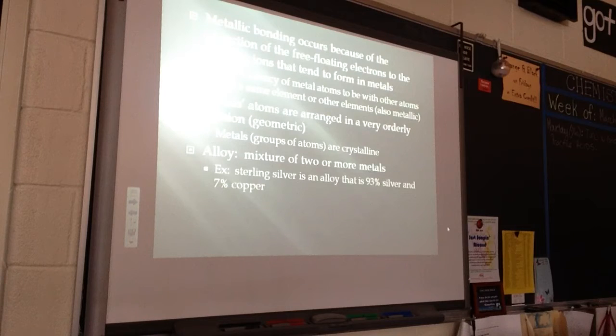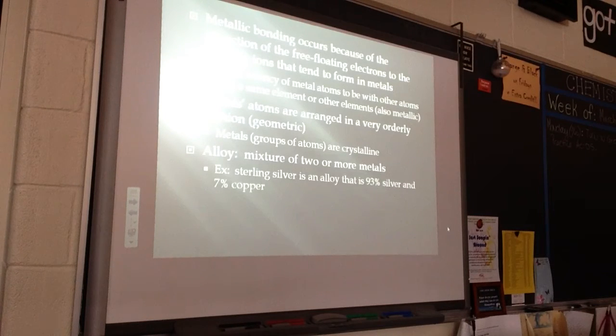For example, sterling silver is an alloy that is made specifically of 93% elemental silver and 7% copper. Most people think of sterling silver, because it's expensive, as being more pure silver than, I don't know, something else.